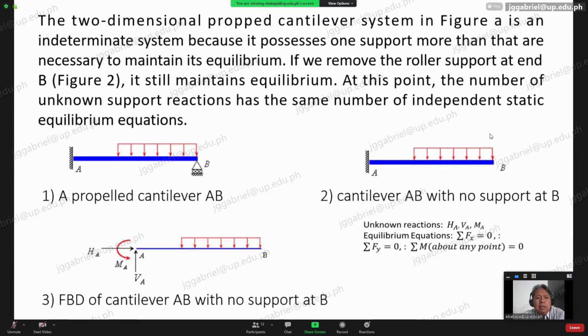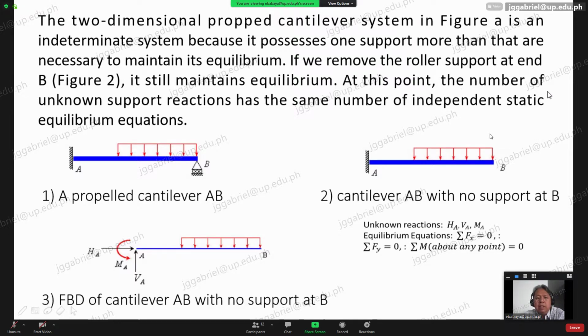The two-dimensional propped cantilever system in the figure is an indeterminate system because it possesses one support more than is necessary to maintain its equilibrium. If we remove the roller at end B, it still maintains equilibrium.